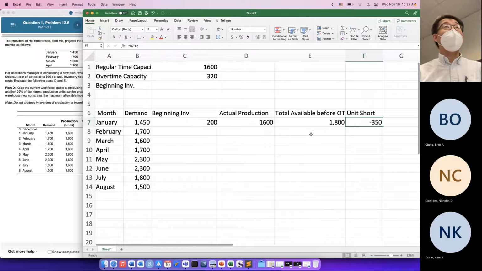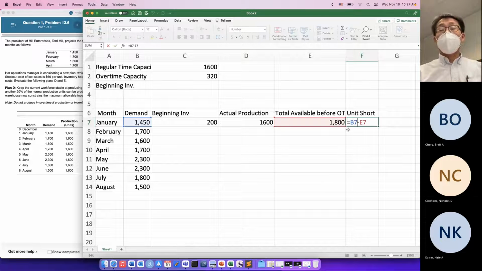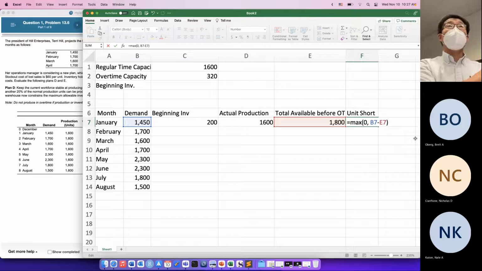It has to be a positive number, right? That'll make our planning easier. So that's what I'm saying, you should use maximum. Again, some of you may want to use the IF function if that's more intuitive to you. Here we're picking whichever is greater between 0 and the difference between the demand and the supply. If demand is bigger, that number will be positive. If demand is smaller, that number will be 0, meaning you have no shortage there. Okay, so we got this here.